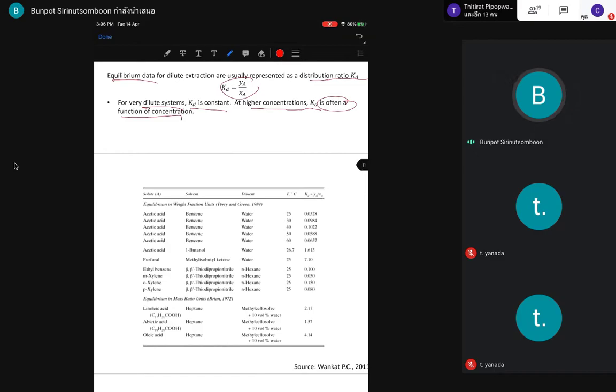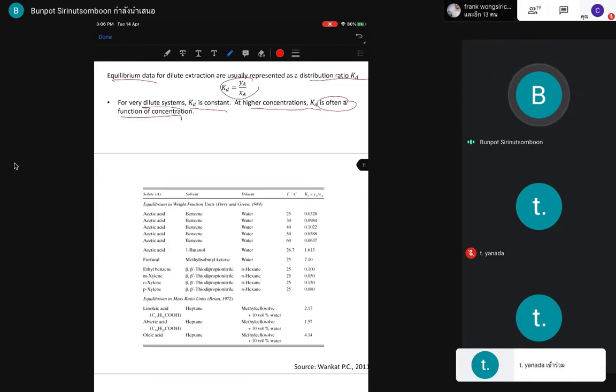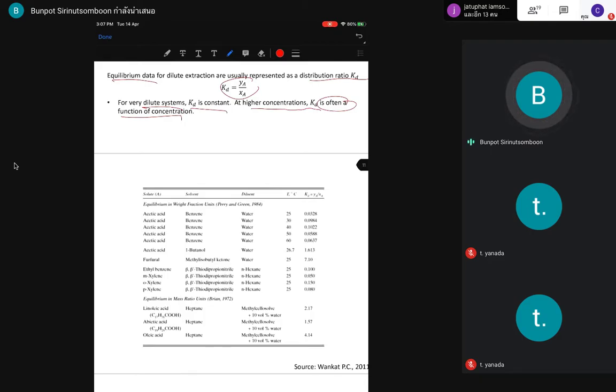And this table right here is just to show you an example of different values of KD for different types of liquid extraction system: different types of solute, different types of solvent, different types of diluent, and also at different temperatures.